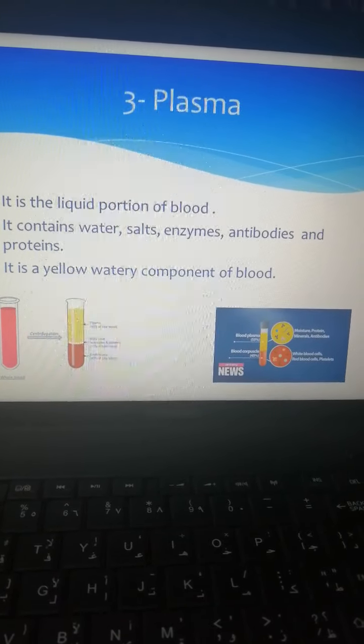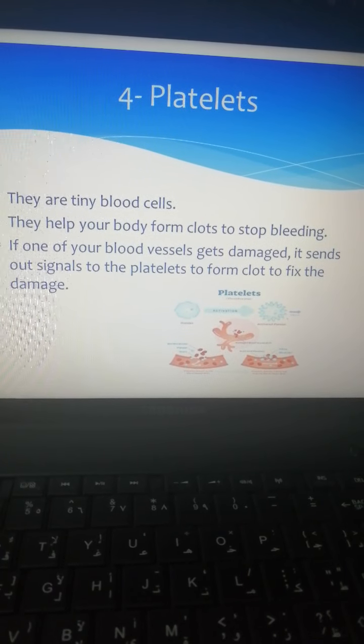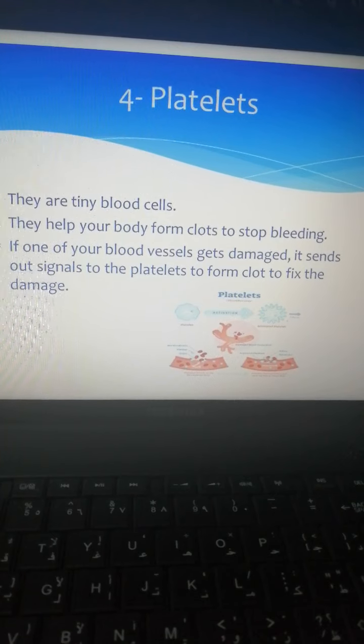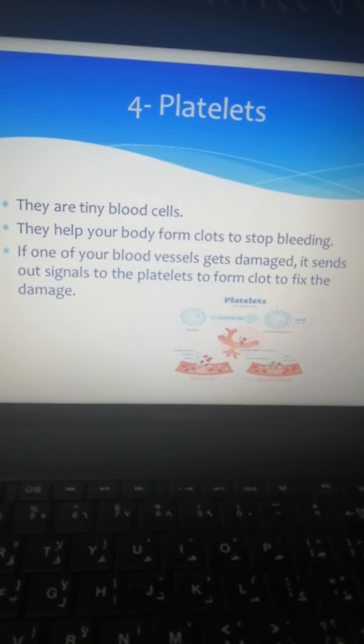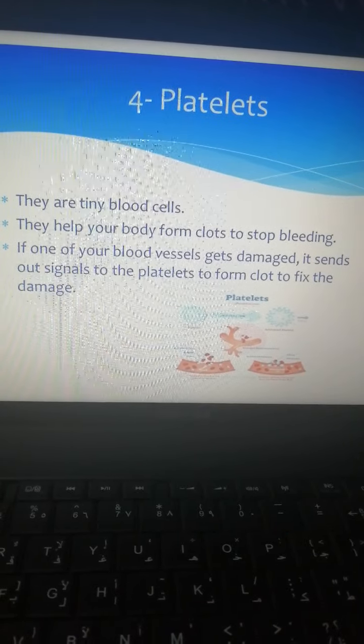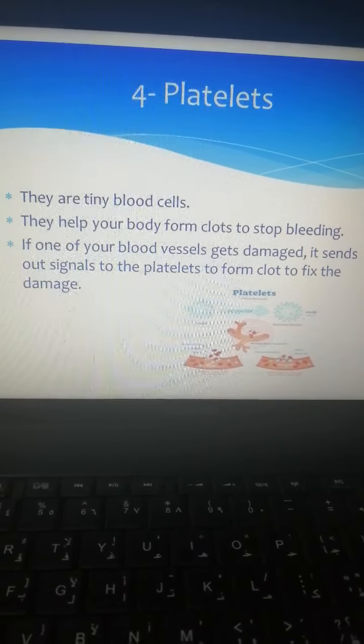And finally, platelets are very important because they are responsible for preventing bleeding. Okay. Thank you, grade 7, and goodbye.